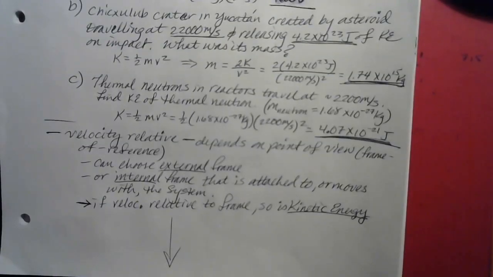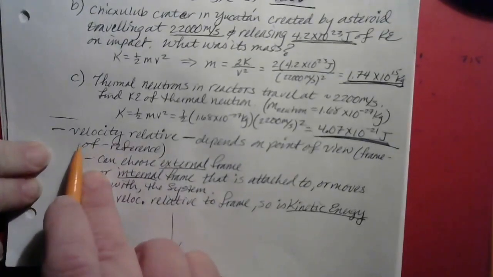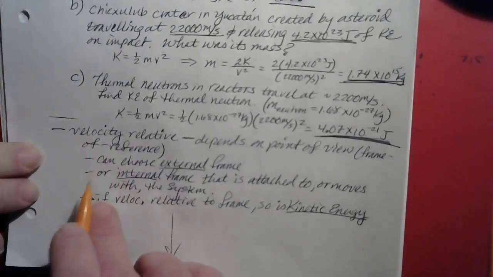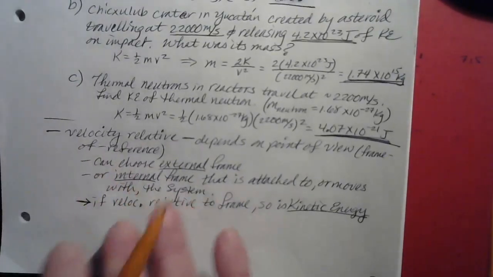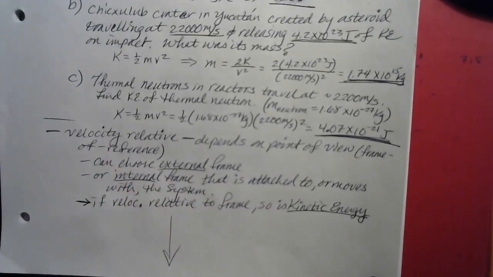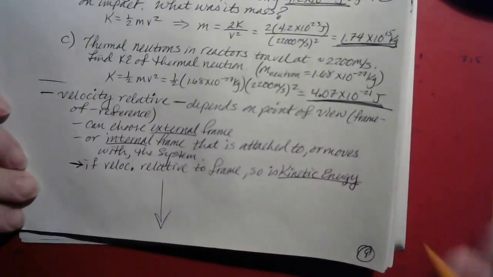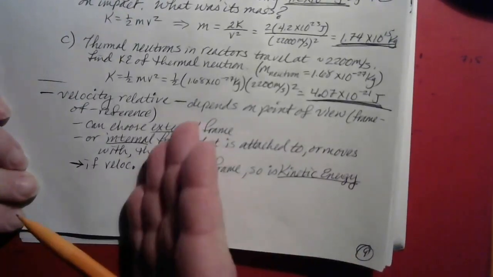Okay, as we saw when we were dealing with frames of reference, things like velocity are relative to whatever your frame of reference is. So you can pick one frame of reference and get one answer for velocity.